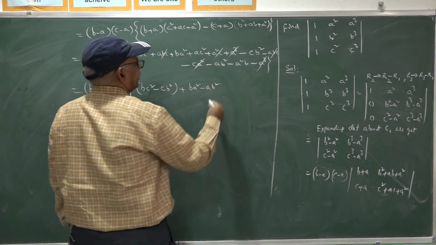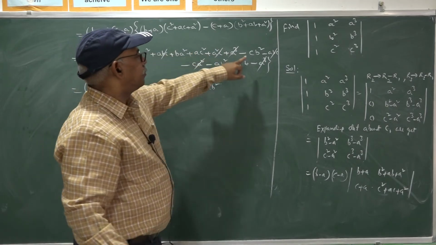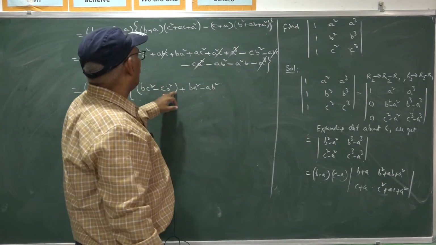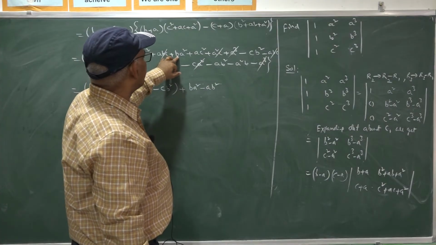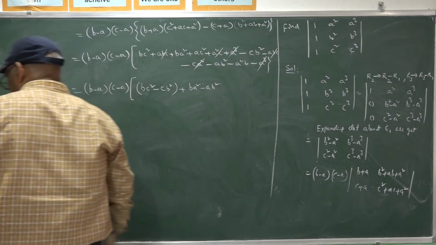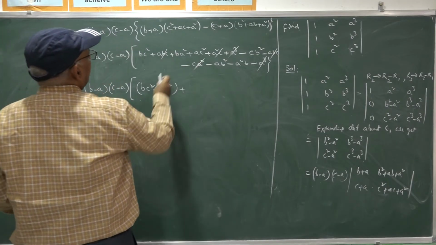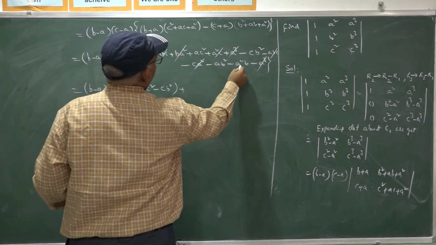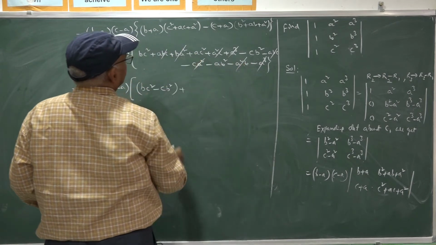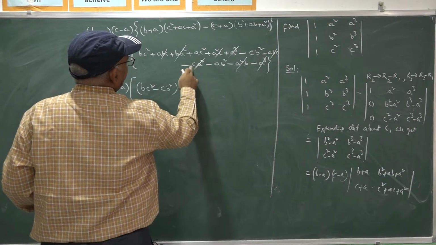Now BA square and BA square cancel, A square C minus A square C cancel.